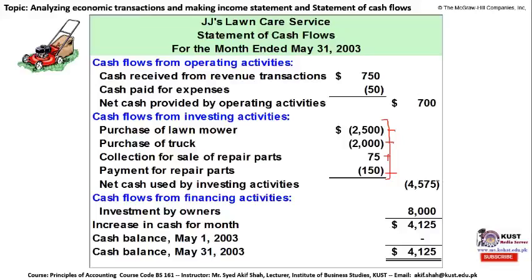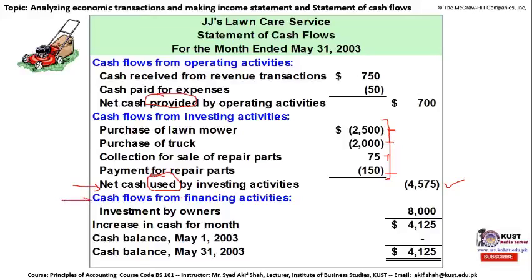So the resultant is a cash outflow, a negative value, from the four arithmetic operations on the four numbers. This shows a grand outflow of 4,575 because this is in parenthesis. Therefore, we have mentioned net cash used by this section rather than provided by operating activities.